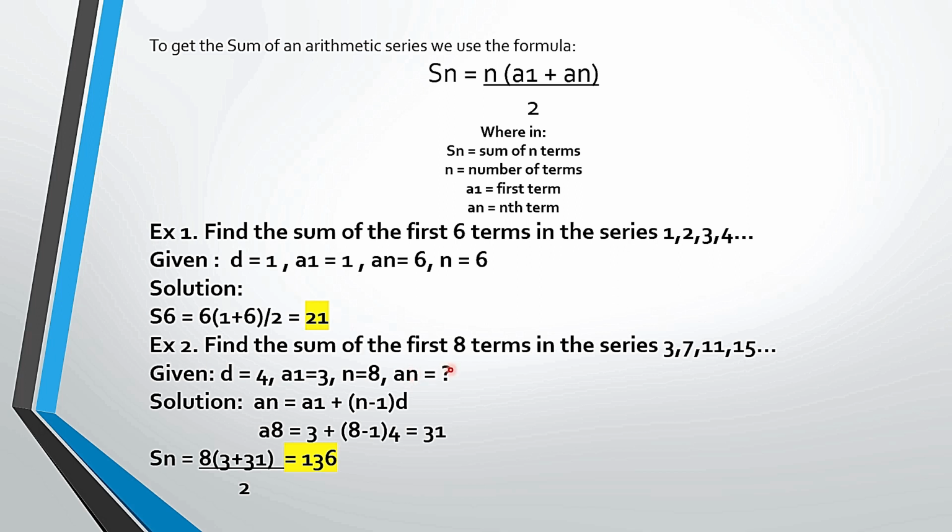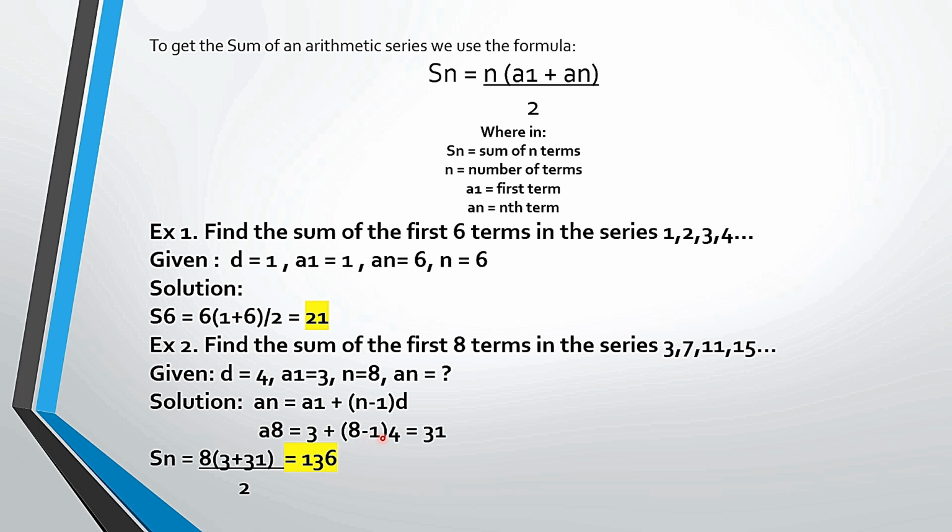All we know is we have 8 terms. So, to get the nth term, a sub n is equal to a sub 1 plus n minus 1 times d. So therefore, a sub 8 is equal to the first term, which is 3, plus the quantity n, 8, minus 1, times the common difference, 4.